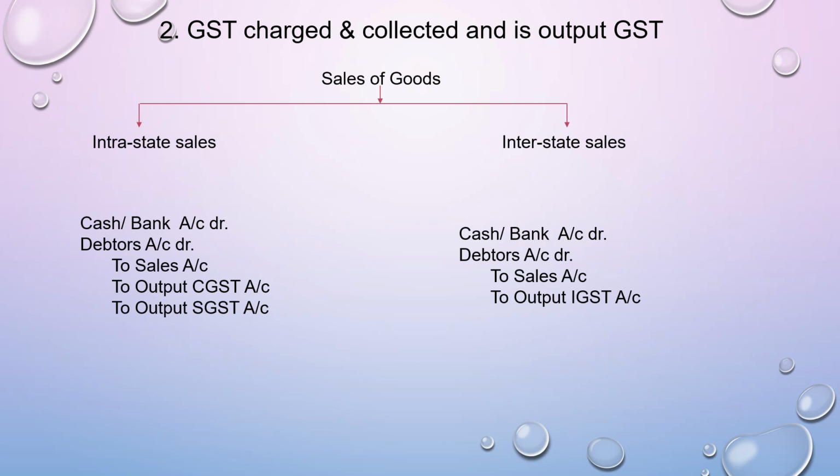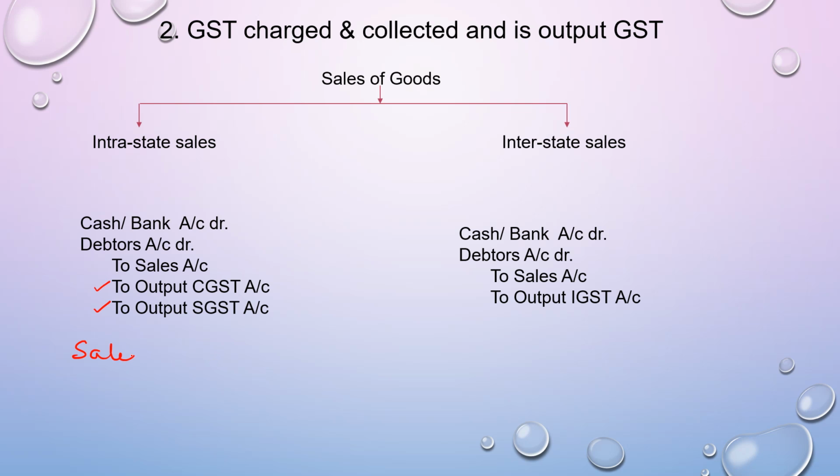But when GST is being collected on that sale, you would have to credit two additional accounts in case of an intrastate sale, which are the output CGST account and the output SGST account. We'll take the same example.